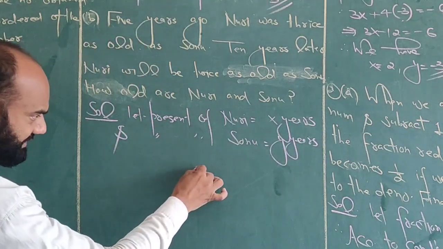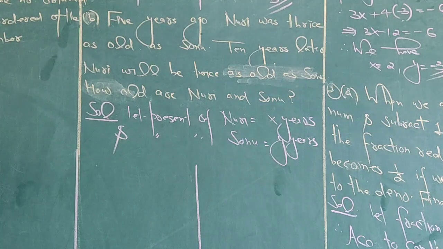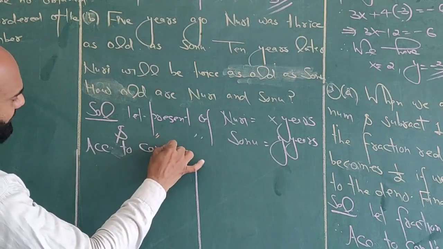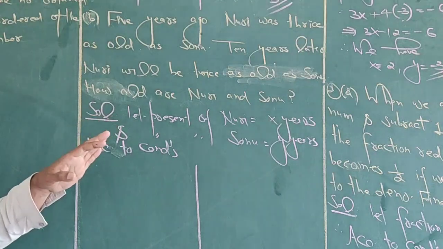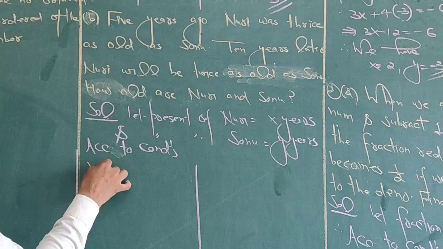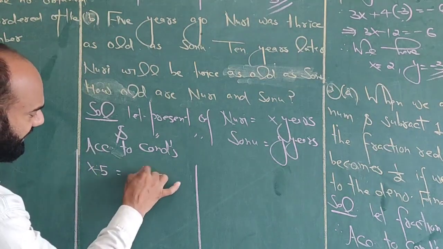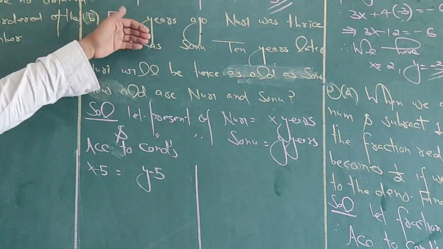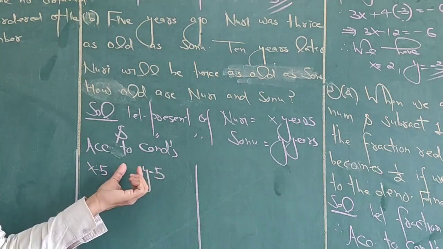So according to the conditions, the first condition is 5 years ago. When the present age of Nuri is x years, then 5 years ago the age of Nuri is x minus 5 years, and the age of Sonu is y minus 5 years, because 5 years ago means 5 years before.